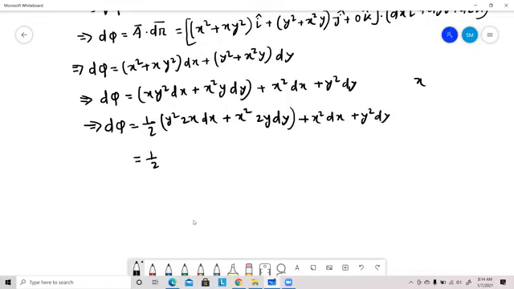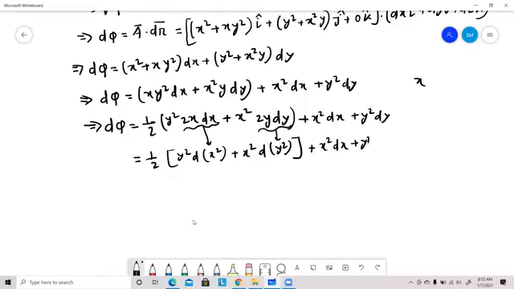Now we can write this as y square d of x square plus x square d of y square, because twice x dx is d of x square, twice y dy is d of y square, and x square dx, y square dy are the additional terms. Now what can we write for these two terms, y square d of x square and x square d of y square?